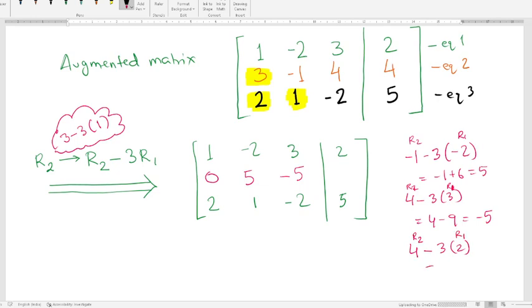So that gives us 4 minus 6, equal to -2. So we have got the second row in our desired format. What is the desired format? The desired format is that the second row, first element should be 0.